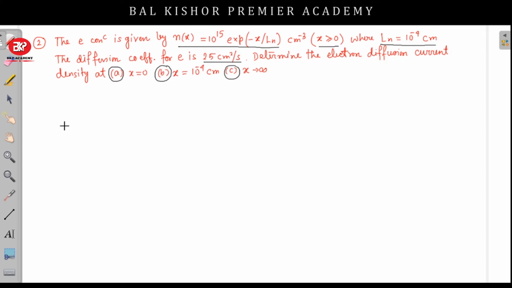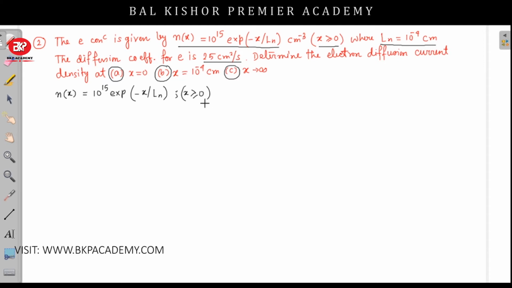For this case you can see the nx value is given as 10 to the power 15 exponential minus x by Ln, and it is happening for x greater than or equal to 0.